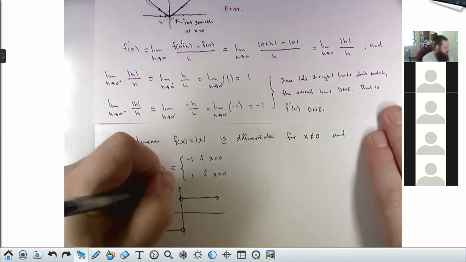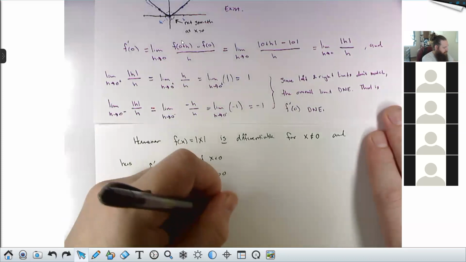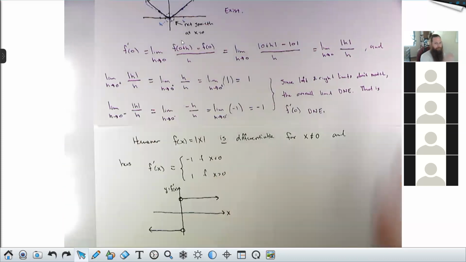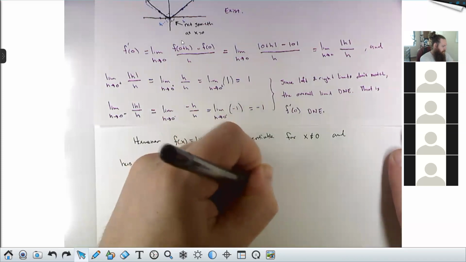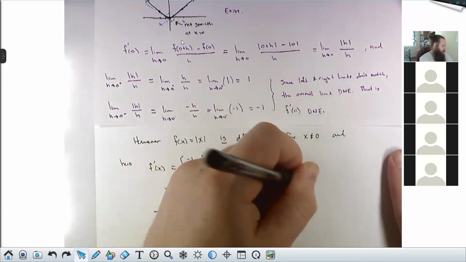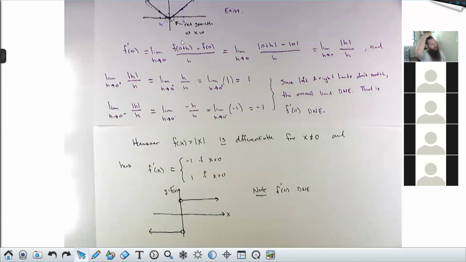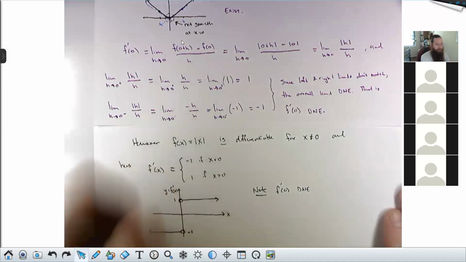Oh, sorry, that's the derivative of the absolute value function. Right here. And you see it's undefined at 0, right? f prime of 0 does not exist, on the graph or through the limit definition. This is 1 up here, this is negative.